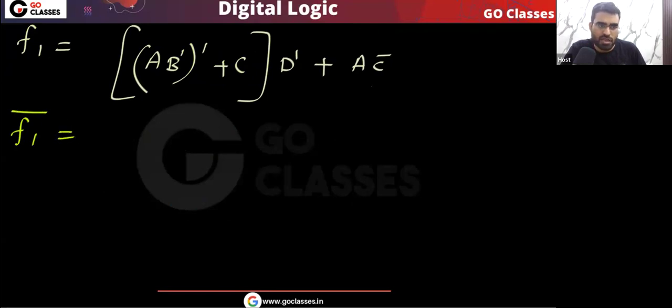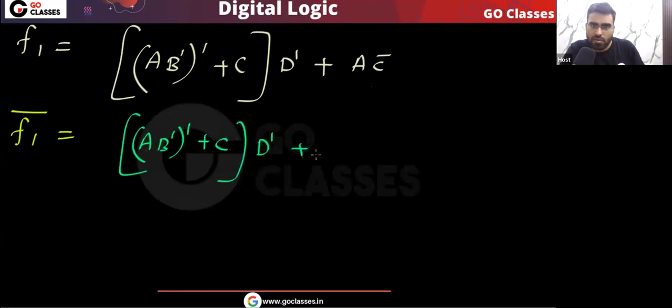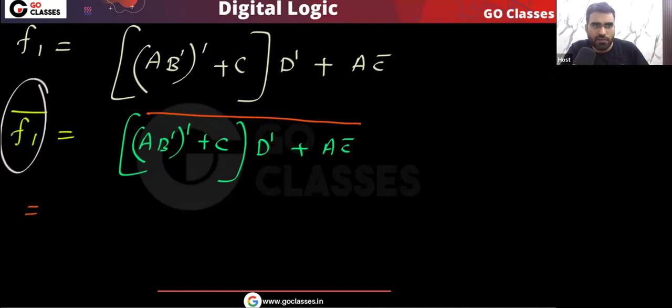So let's do the complement of this whole thing. Okay, is this clear? If I do the complement of this whole thing, then what will I get? Basically, I am finding f1 complement.